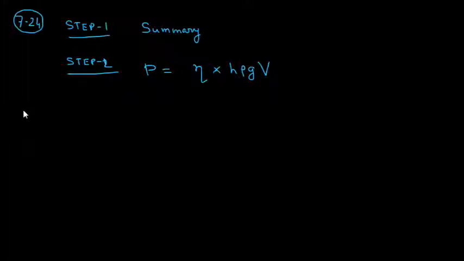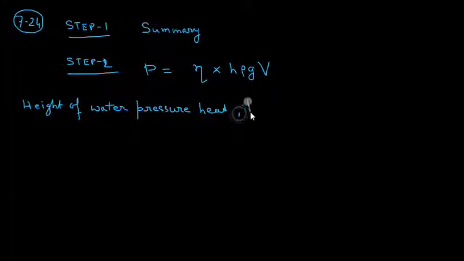First step, we'll write all the given values. So height of water pressure head, h is equal to 300 meter.